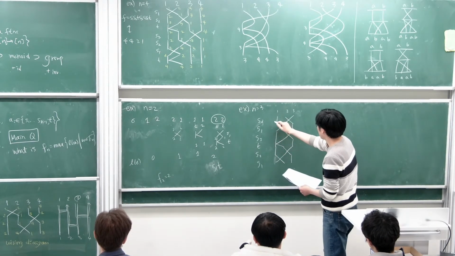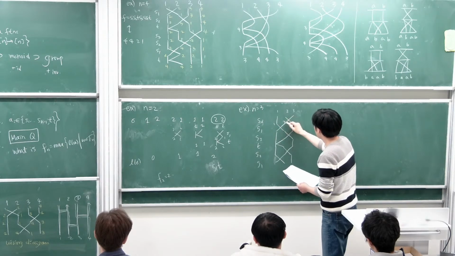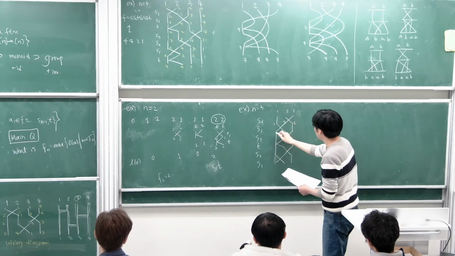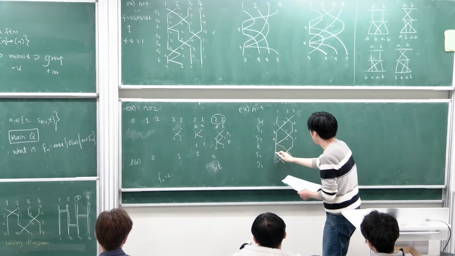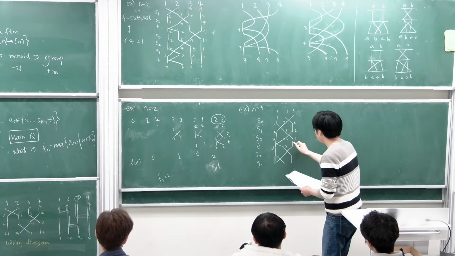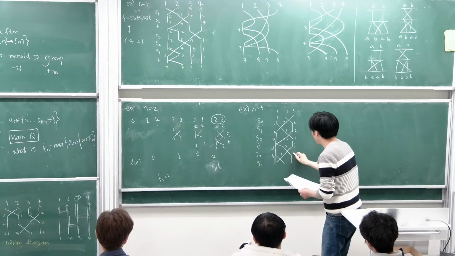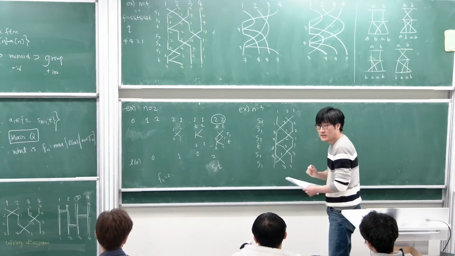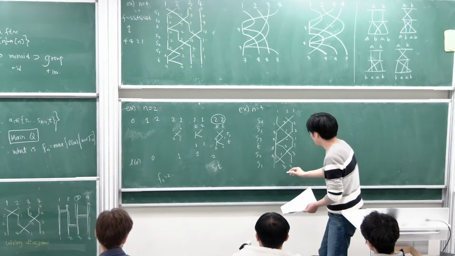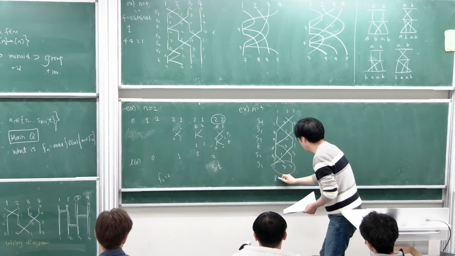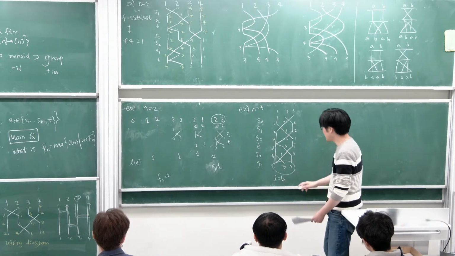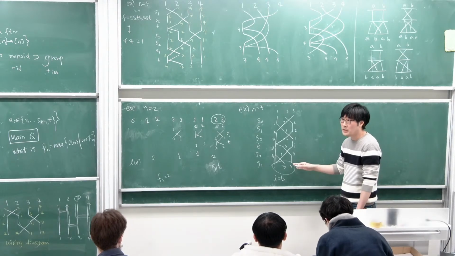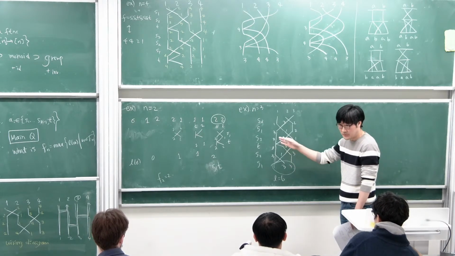So it's actually 1, 1, 3, 2. So 1, 2, 3, 1, 3, 2, 3, 1, 2, 3, 2, 1, 3, 3, 1, 3, 1, 3, 1, 3, 3. Right? So the length of this, how many? 1, 2, 3, 4, 5, 6. And it turns out that this is the only longest element in this case.